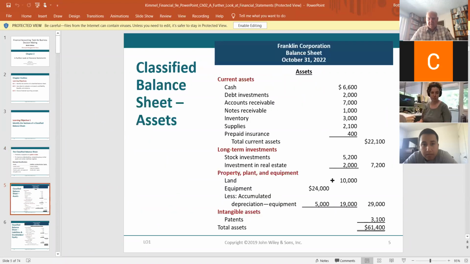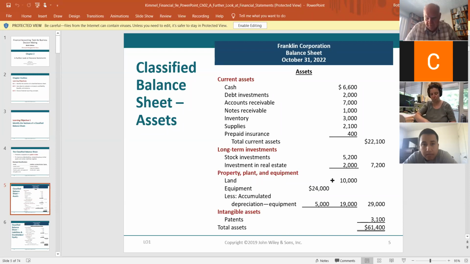And let's take a look at the balance sheet for this company. Assets, they're listing on this page here. You can see they have cash of $6,600 and short-term debt investments of $2, et cetera, et cetera. Accounts receivable, notes receivable, inventory, supplies, excuse me, and prepaid insurance are all considered current assets.